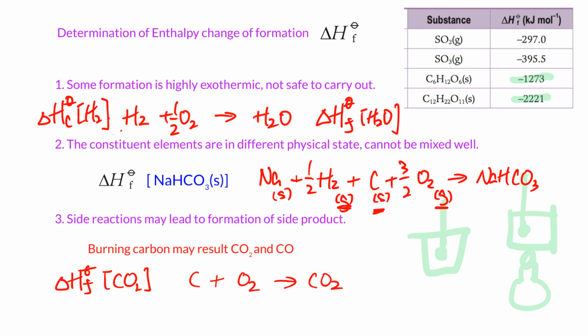However, C plus O2 may also give CO. That process releases energy too, but it is the formation of carbon monoxide. When these two mix together and we measure the energy released, it is not precise to say it is 100% due to the formation of carbon dioxide. Due to these reasons, it is difficult to find the enthalpy change of formation experimentally.